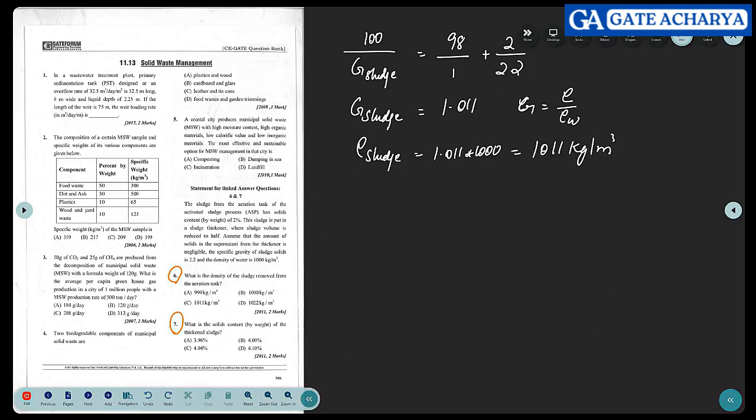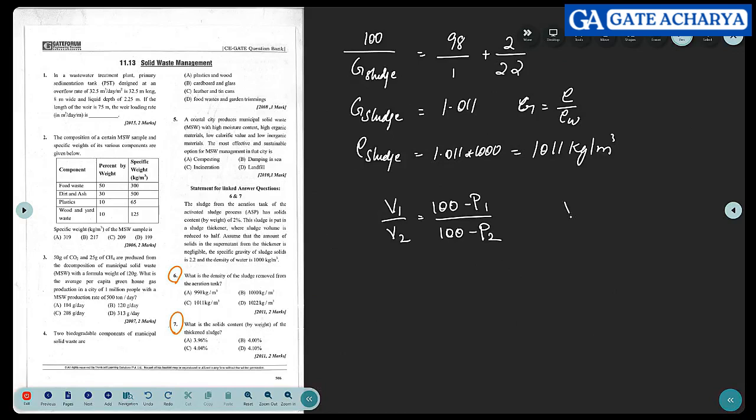What about the next case? The seventh one. V1 by V2 is equal to 100 minus P1 by 100 minus P2. What do they say? The sludge is put into the sludge thickener where the sludge volume is reduced by half.